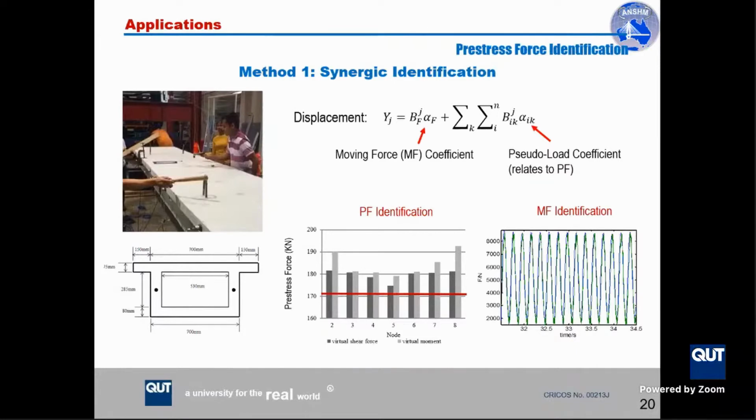The first approach is called synergic identification because it can identify at the same time the moving force and the prestress force. As you can see in these equations, the displacement can be formulated as a function of the moving force coefficient as well as a function of the pseudo load coefficient, which relates to the prestress force.